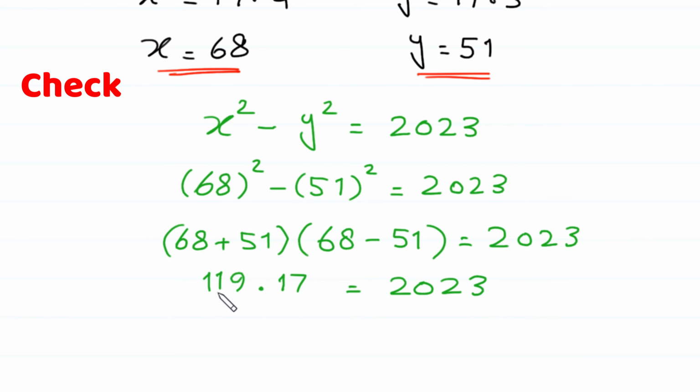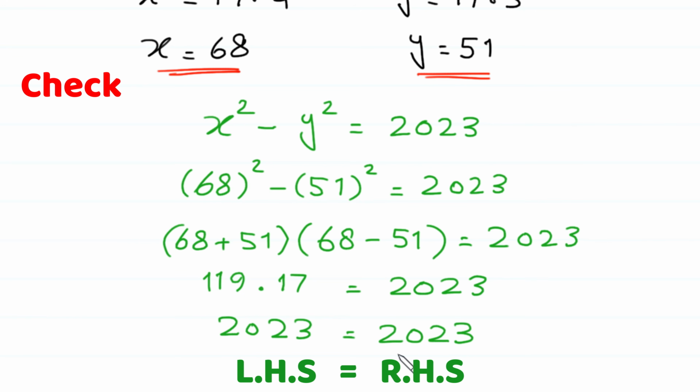Next, 119 times 17 is 2023, is equal to 2023. From here you can see that left hand side is equal to the right hand side. So it is proved that the value of x 68 is correct and value of y 51 is correct.